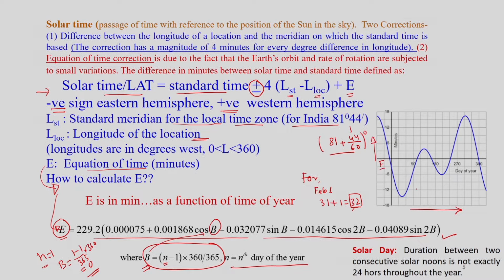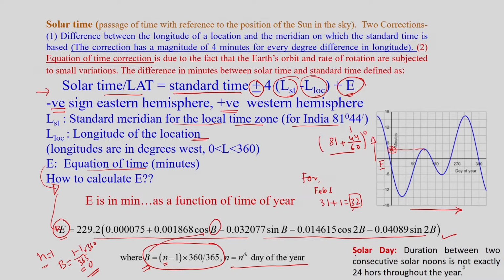On a particular day we choose this point, and correspondingly we get the value of the equation of time correction, or E value. So, once we are done with E, and we know LST and LOC, the place for which we are doing the calculation, and the standard time, then straight away you can calculate the solar time.